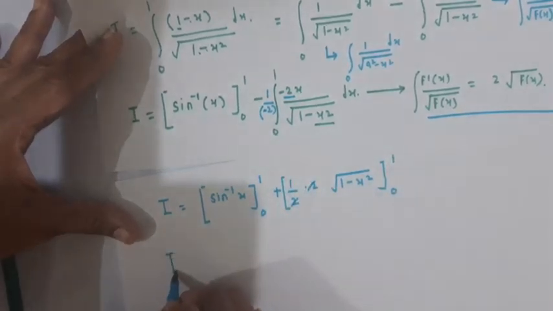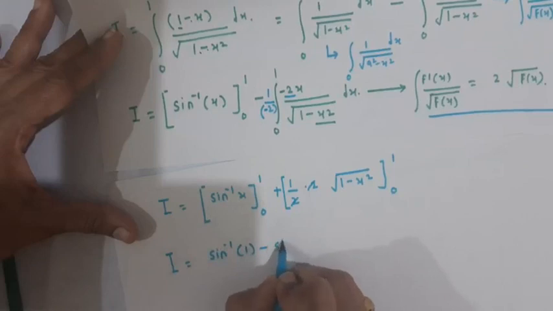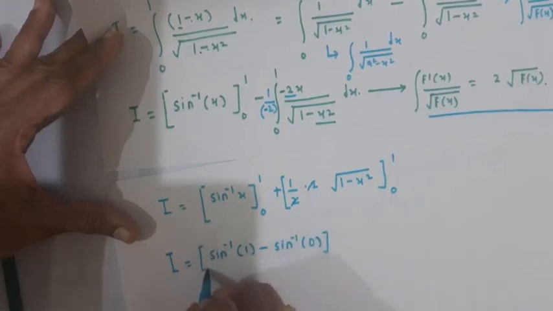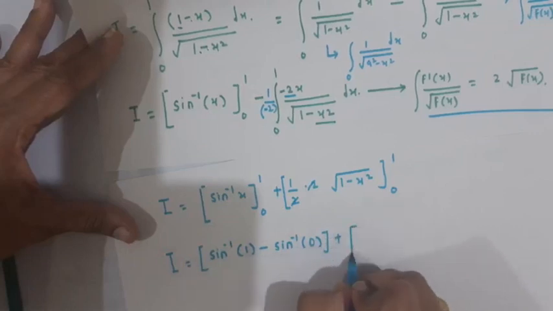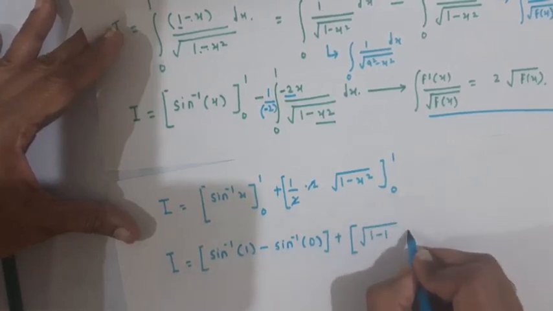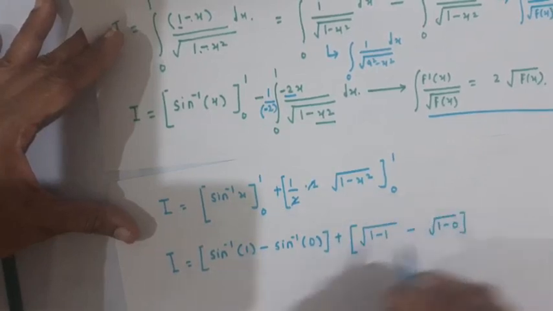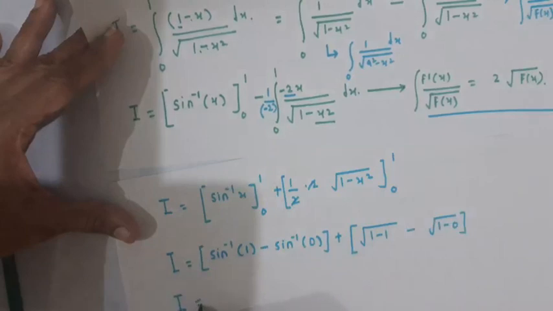Now put the upper and lower limits: sine inverse of 1 minus sine inverse of 0, plus √(1 − 1) minus √(1 − 0).